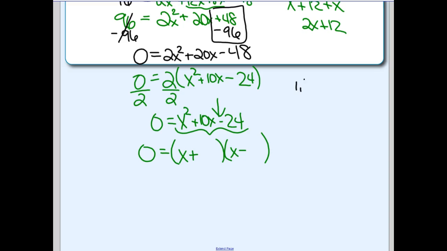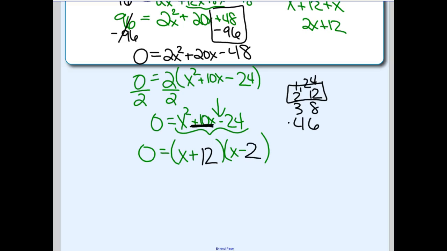Well, 1 and 24, 2 and 12, 3 and 8, and 4 and 6. So which set of those factors will somehow give me 10? Now, you might think 4 and 6, but realize I got different signs, so that means I've got to subtract them. So we're going to actually pick 2 and 12. I'm going to put the 12 by the plus sign because my linear term's positive, minus 2.